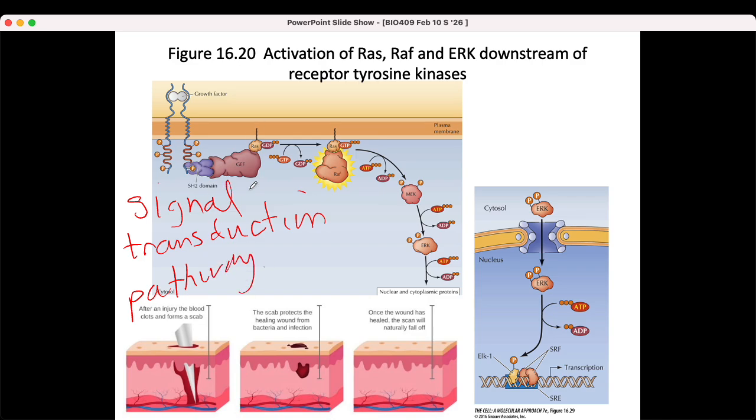And it's the explanation for how we get the signal to be spread into the target cell. Maybe all the way into the nucleus to change transcription, but we got to get it into the cell and have the cell respond.